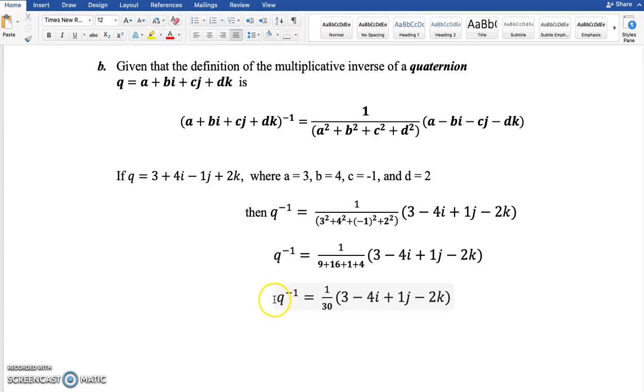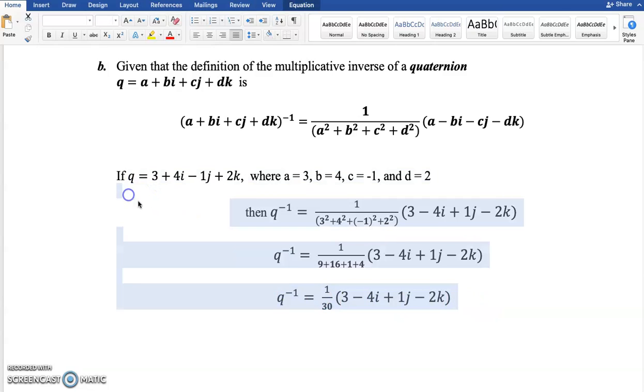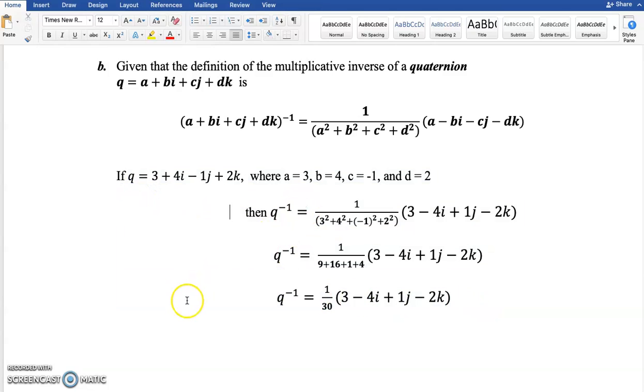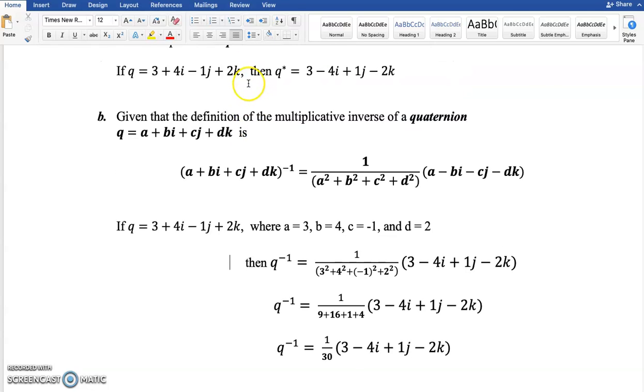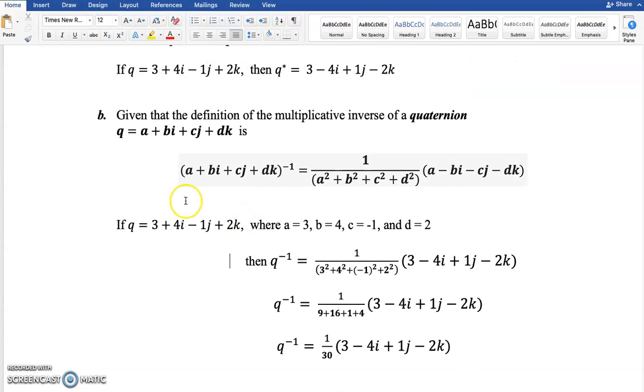So the multiplicative inverse of quaternion Q is equal to 1 over 30 times 3 minus 4i plus 1j minus 2k. So this is how we find the conjugate of a quaternion step by step: conjugate in part A, multiplicative inverse in part B.